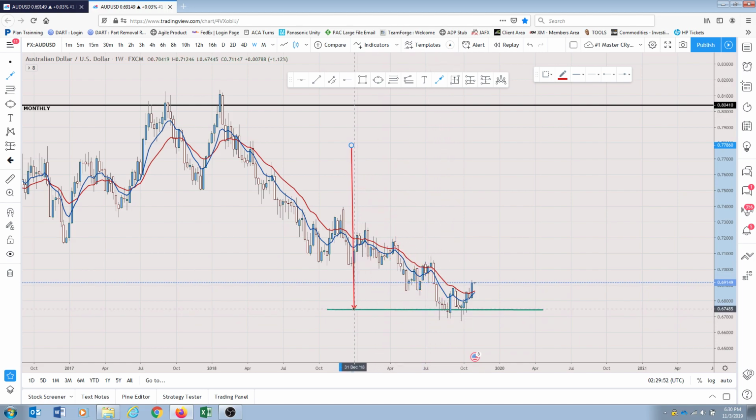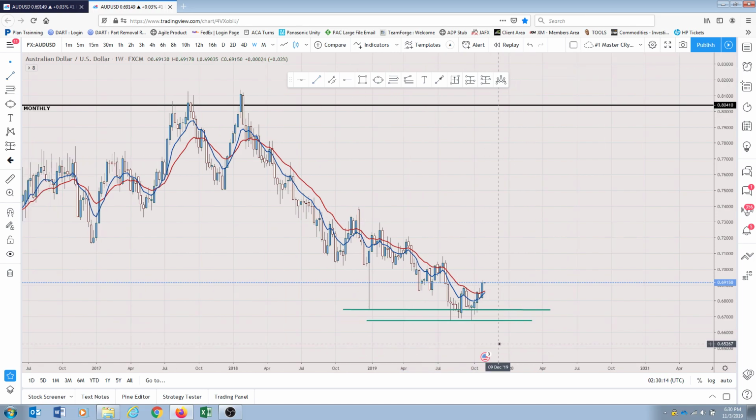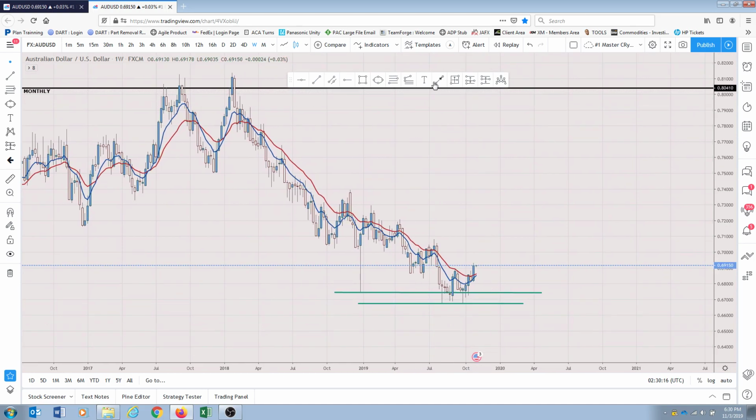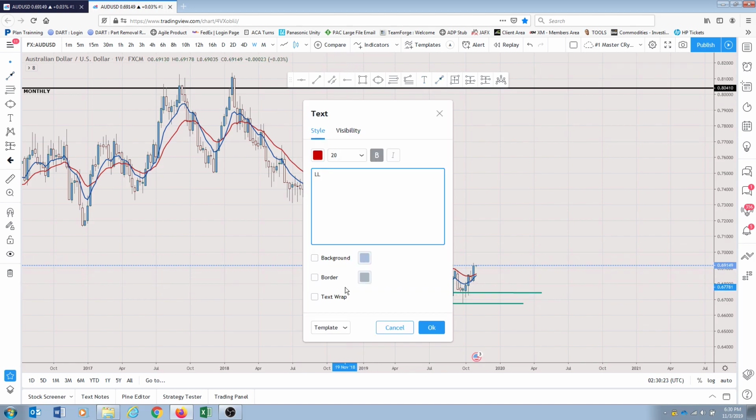See how this was a high, a lower low, a lower high, a lower low, a lower high, lower low, lower high, and then we made a lower low. We made a lower low. So this is another significant piece of information that you want to know, because always be thinking market structure. Market structure. Well, we just made a lower low.